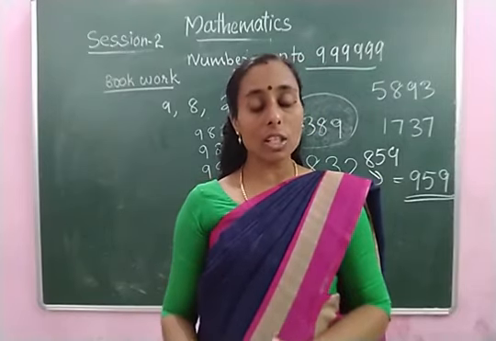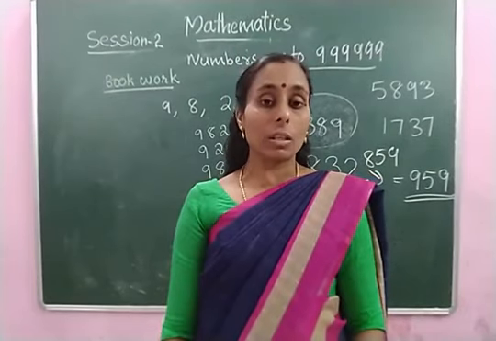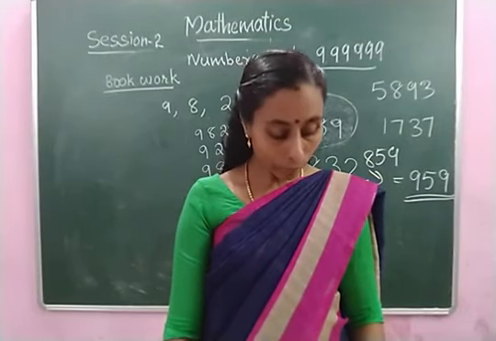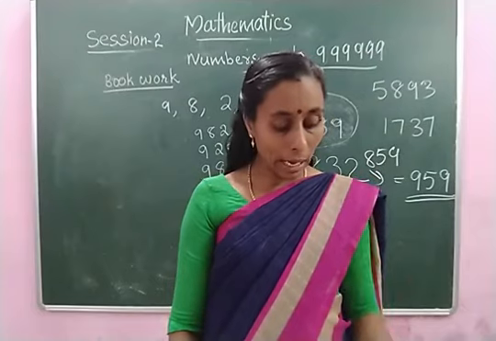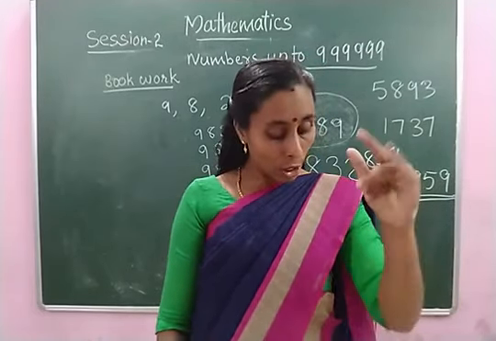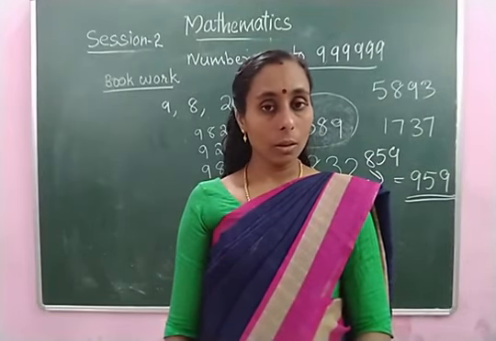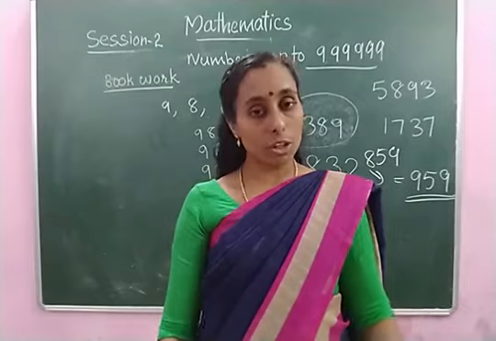Since you are in class 4, you can start with the pen, but in book work you write with the pencil. Okay, today we have learned descending order, place value, face value, short form and expanded form. Okay, please complete your work.